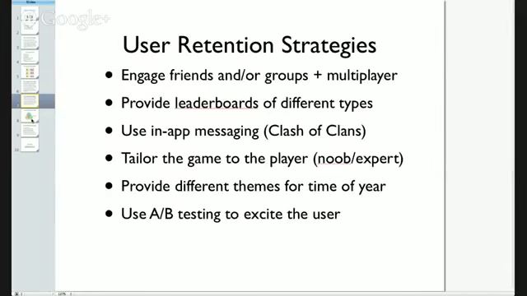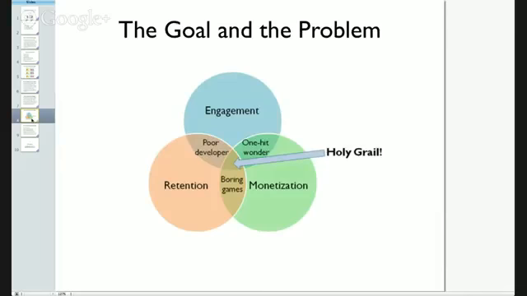Okay, let me jump to the goal and the problem. So this is really looking at these three components: the engagement, the retention, and the monetization. You can have a game which has good retention and maybe good monetization, but it could be considered boring. I'll give you an example. There's a lot of MMOs where you just do what's called grinding.